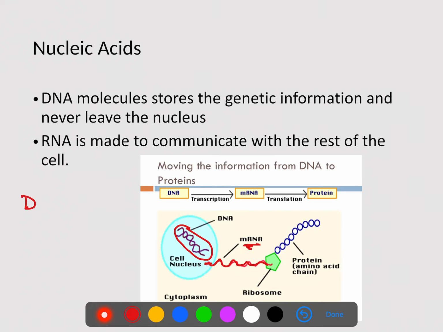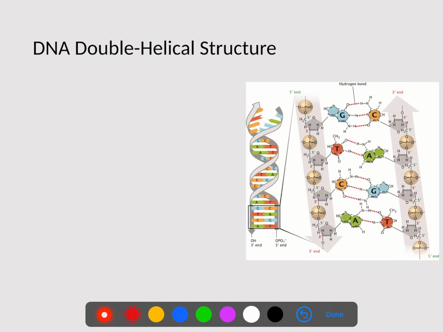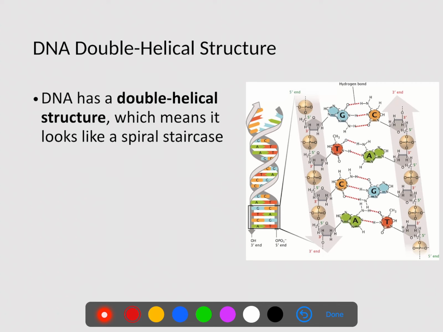So DNA is like the entire encyclopedia. And you don't need the entire encyclopedia to do research. So RNA are like your notes. So DNA double helical structure is very important because it helps us conserve our genetic information.